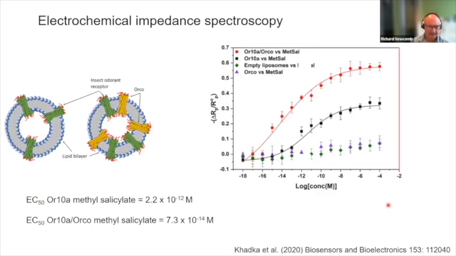And the receptors in these different formats have been placed onto different types of biosensor surfaces. Here we're using electrical impedance spectroscopy for a couple of receptors. In this case, it's OR10A, which detects methyl salicylate, either with or without orco, showing the ability of it to bind its ligand.